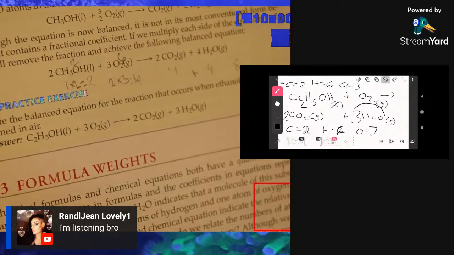And the easiest way to honestly do it is to add another number, a coefficient up here, okay? And it's going to change everything, okay? So the way I do it is I always add a 2 up here. You see that? And now let's count everything again.